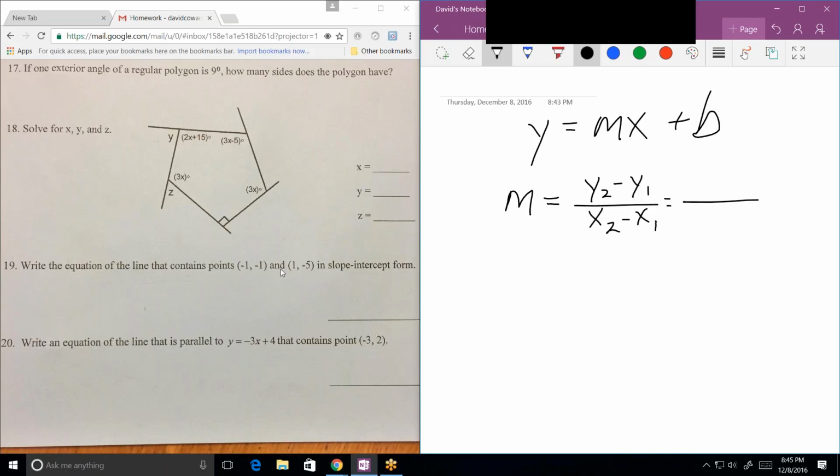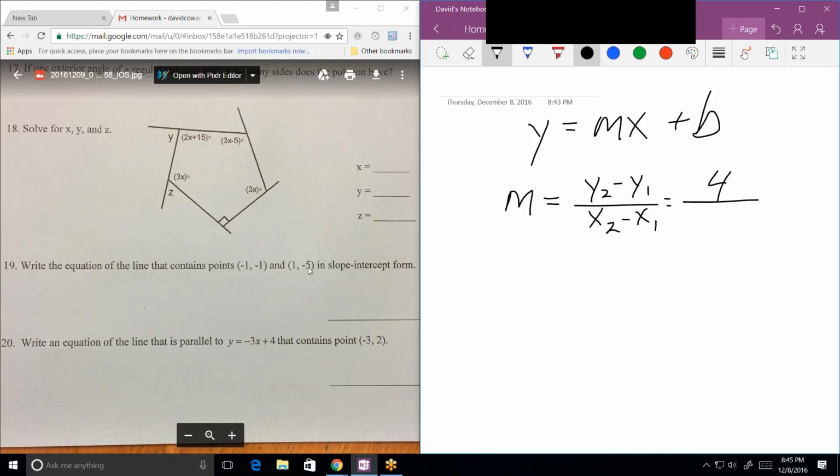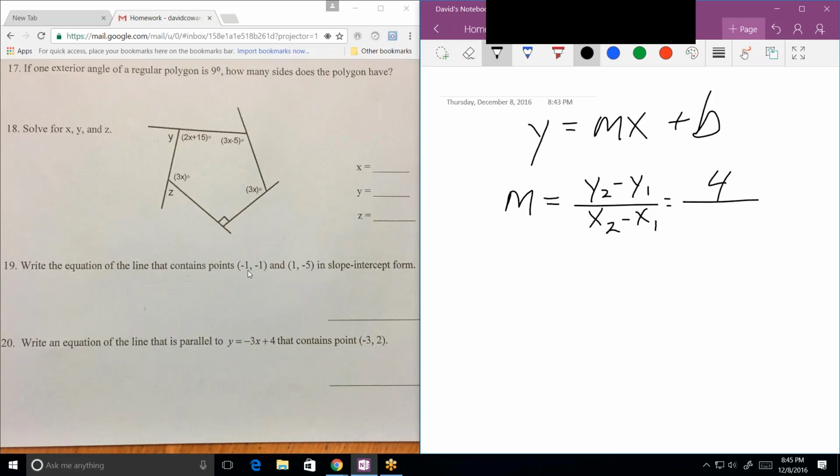So you're doing -1 minus the -5, which means we've got to do the same thing for x. What's the denominator going to be? -1 minus 2. -1. Exactly, -2. So our slope is -2.